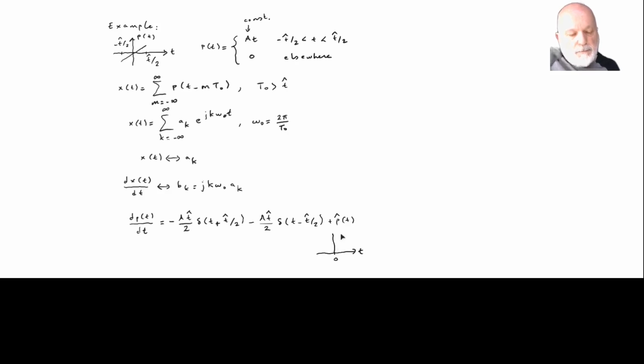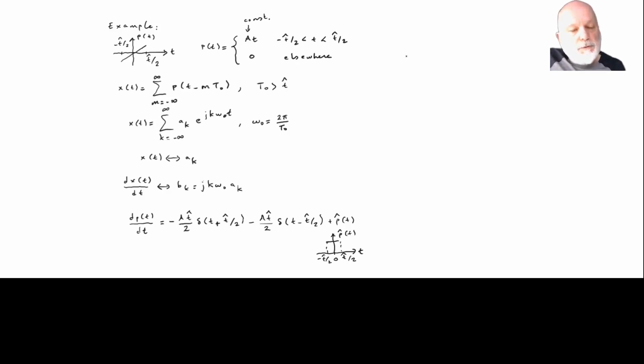This is the point 0, and this is the graph of p cap of t. It will be equal to A from minus T cap over 2 to T cap over 2, and 0 outside that interval.